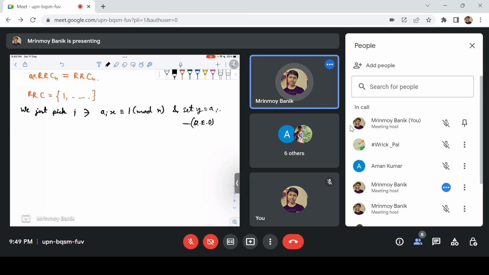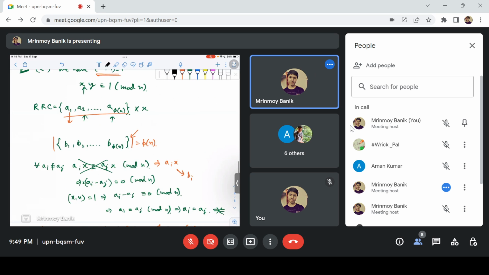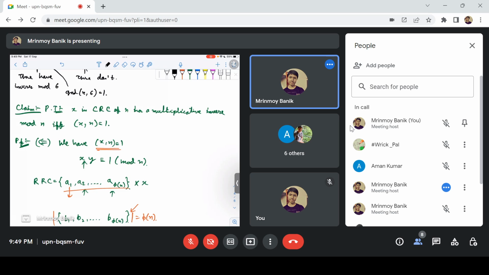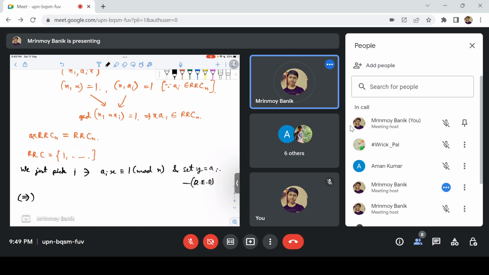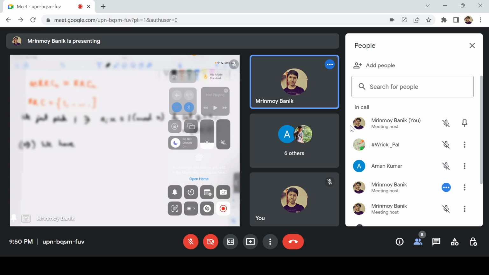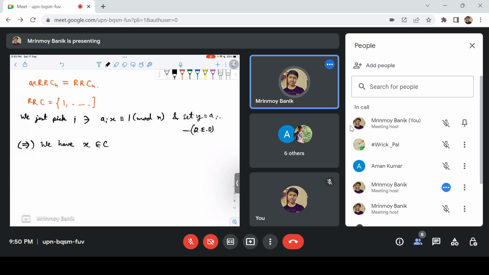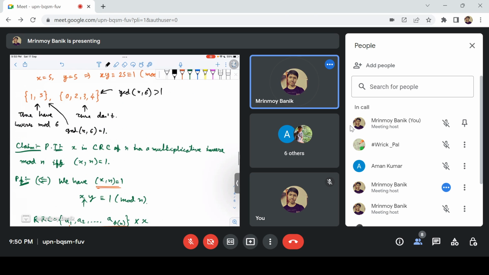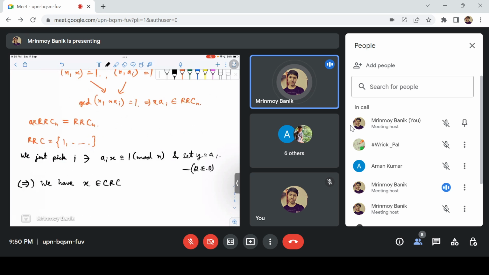For the other direction, the only if part, now we know x has a multiplicative inverse. Okay, that was just our assumption.